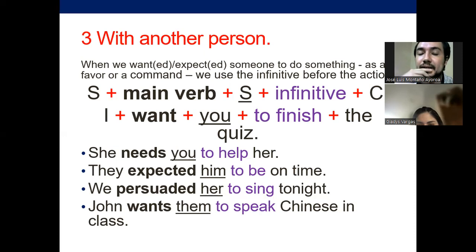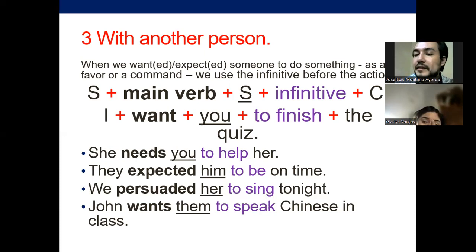Say they expect me, yes, they expect you, because it's they and expect is not conjugated, it's only base form. And if this is present, it has to be like that. But of course, you can say that in past. You can say, when I was a child, my family expected me to learn the piano.